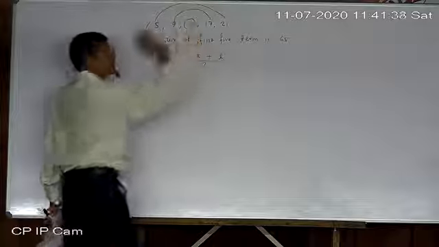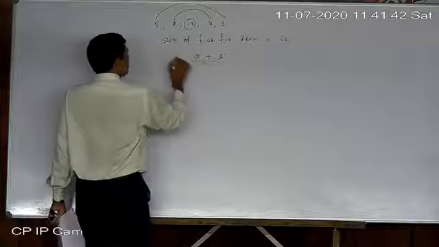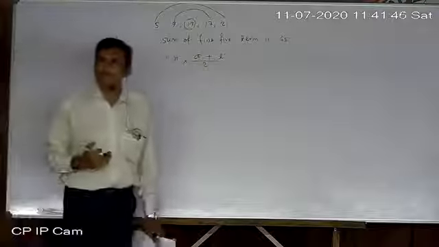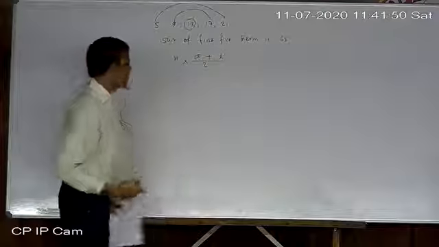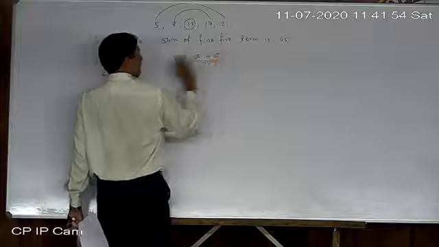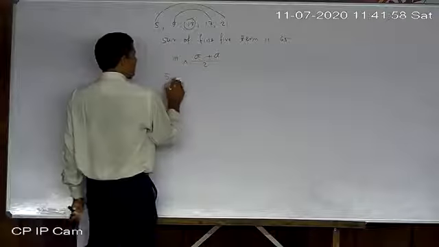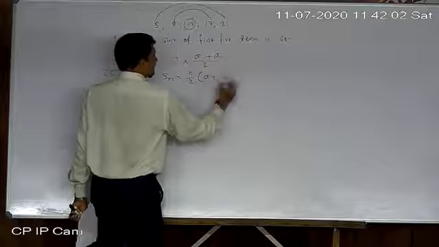So average into number of terms. Can I say this is the formula for finding the sum of the first particular terms? Suppose there are n terms, then I can say the sum of n terms is nothing but n by 2 times a plus an.